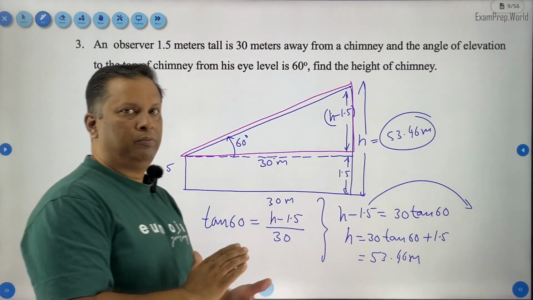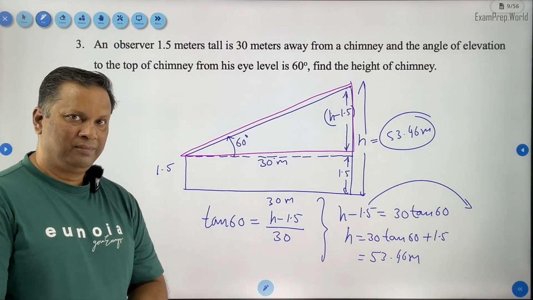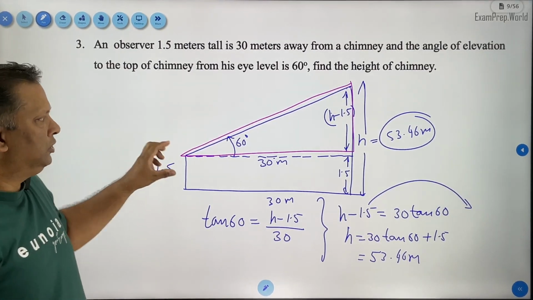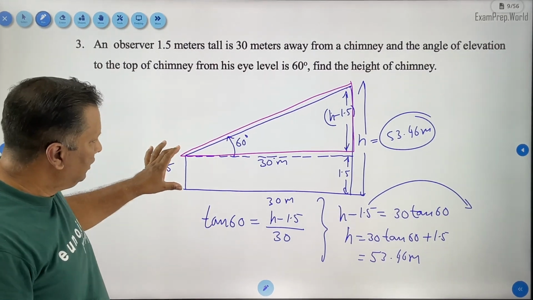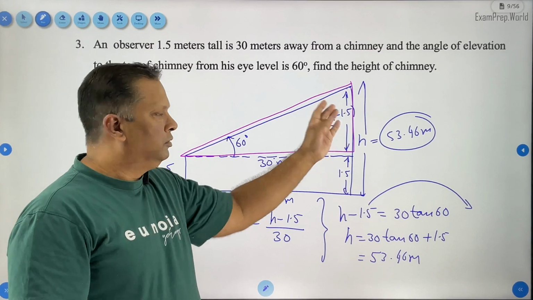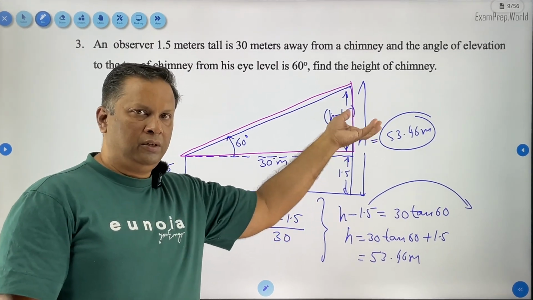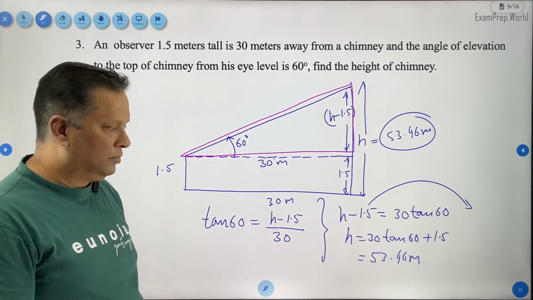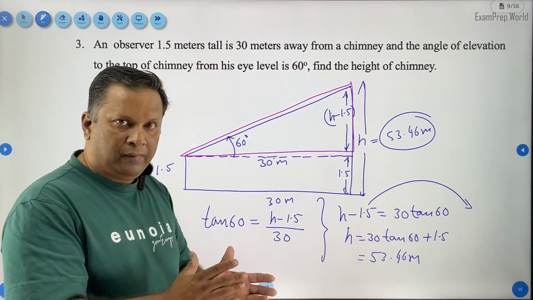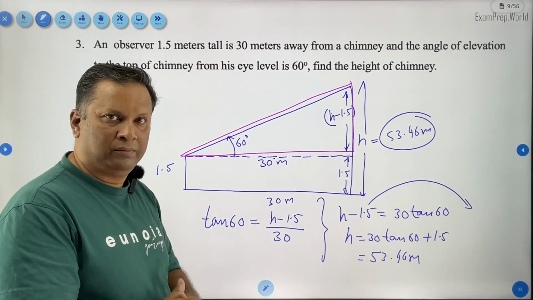That's the answer for this particular question. Understood, right? So here the modification was, instead of a simple triangle, they gave the height, and we had to adjust that height over here and create our triangle, which we used in our trigonometric ratios. It was easy. Pause the video, do it yourself, and then proceed to the next one.